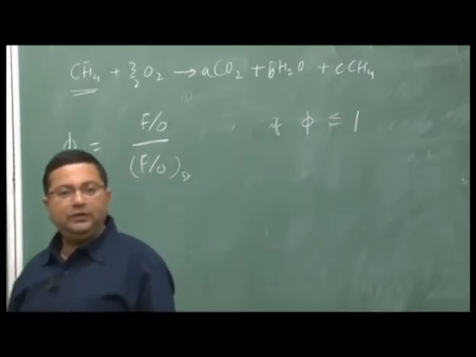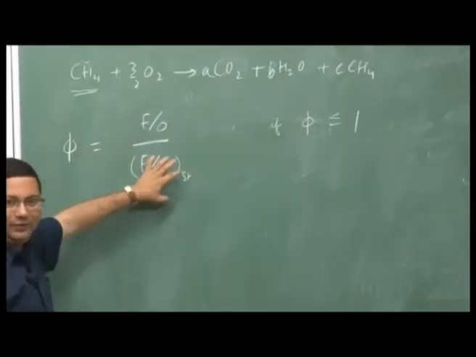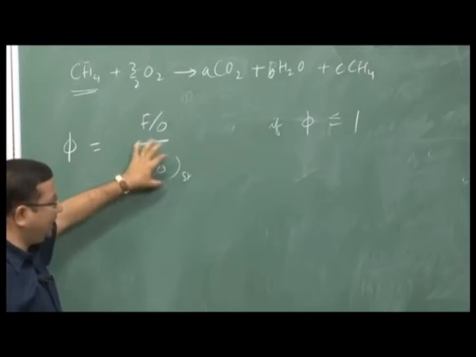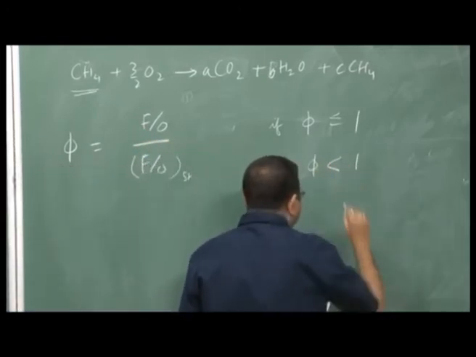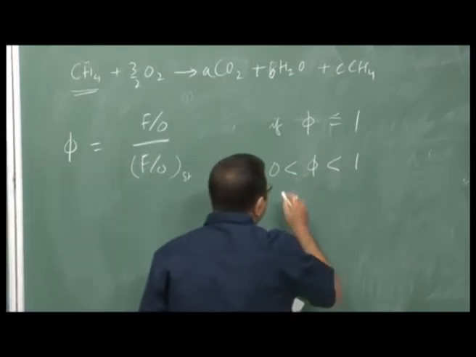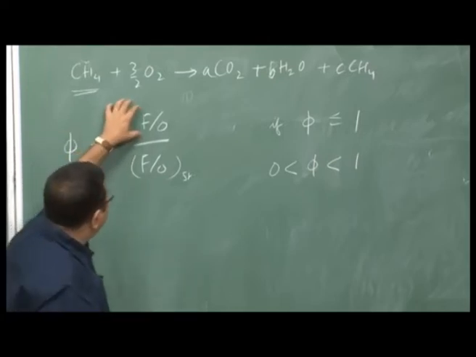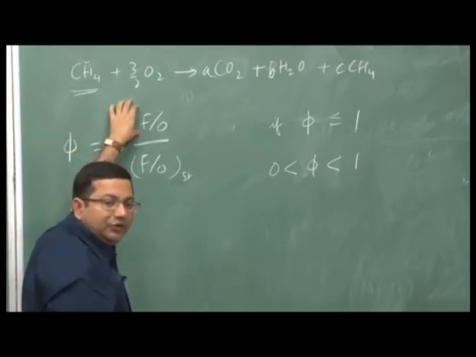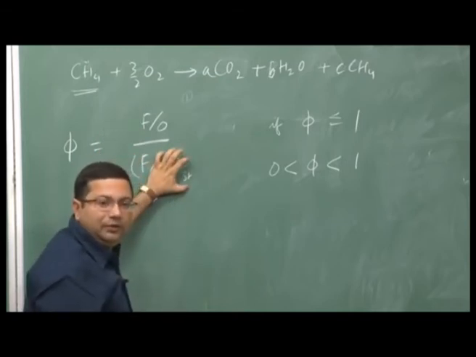Now, let us see, if phi is equal to 1, then what type of reaction do we have? We have stoichiometric reaction. This is known, this is fixed. So, if this is equal to this, we have stoichiometric reaction. If phi is less than 1, it is in between 0 and 1, of course, it cannot be less than 0. So, phi is between 0 and 1, that is the actual fuel oxidizer ratio is less than the stoichiometric fuel oxidizer ratio.